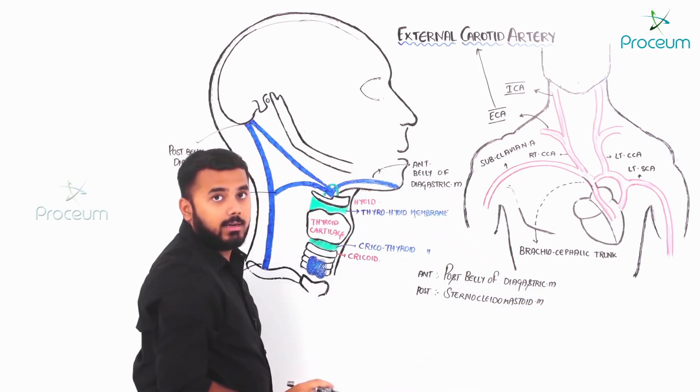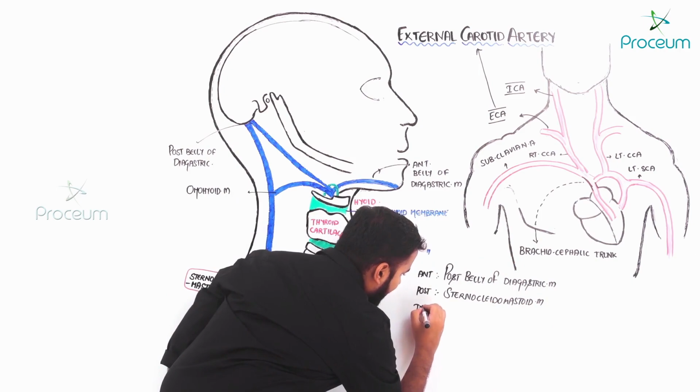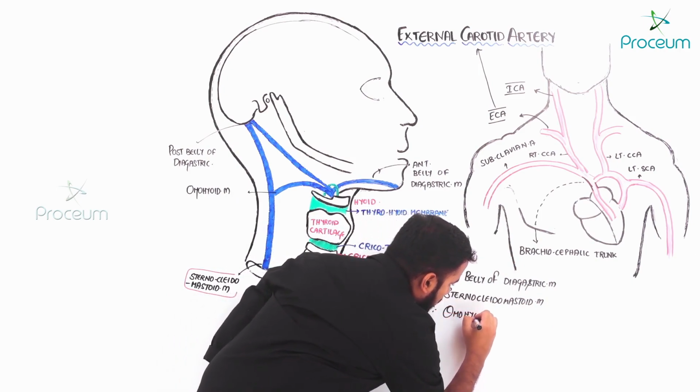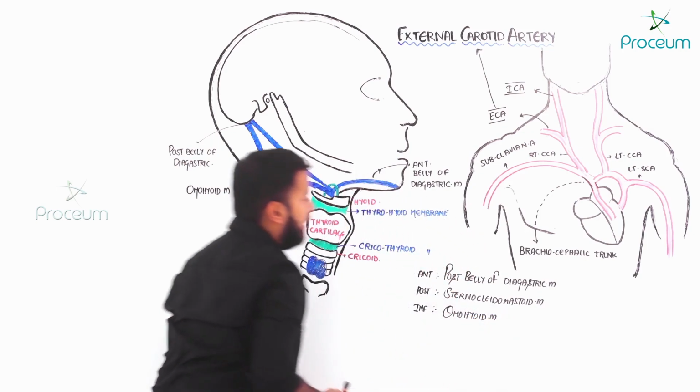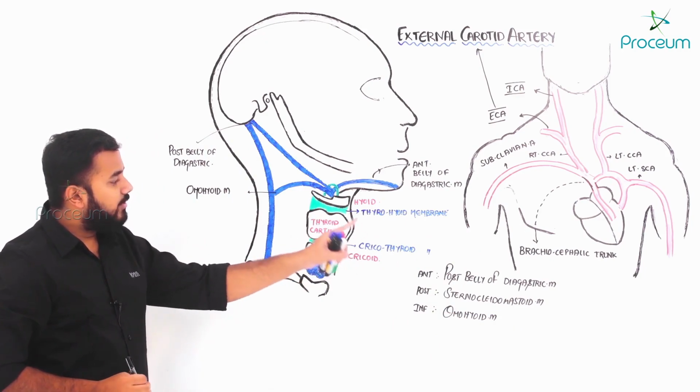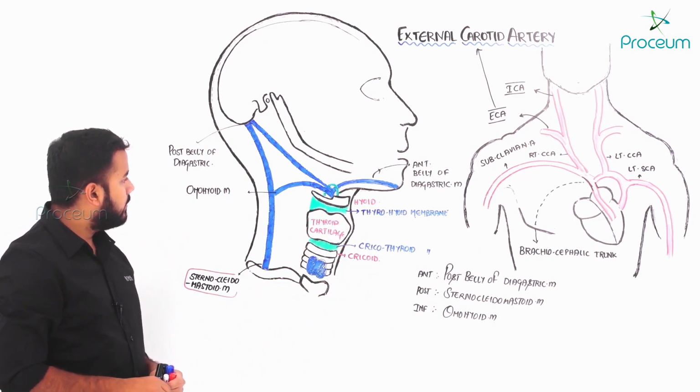And inferiorly, you have the omohyoid muscle. So these are the borders of your carotid triangle.